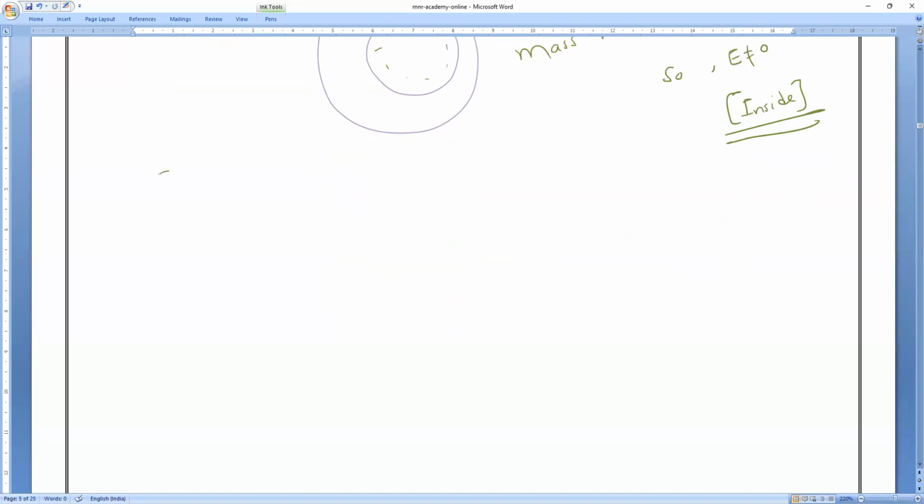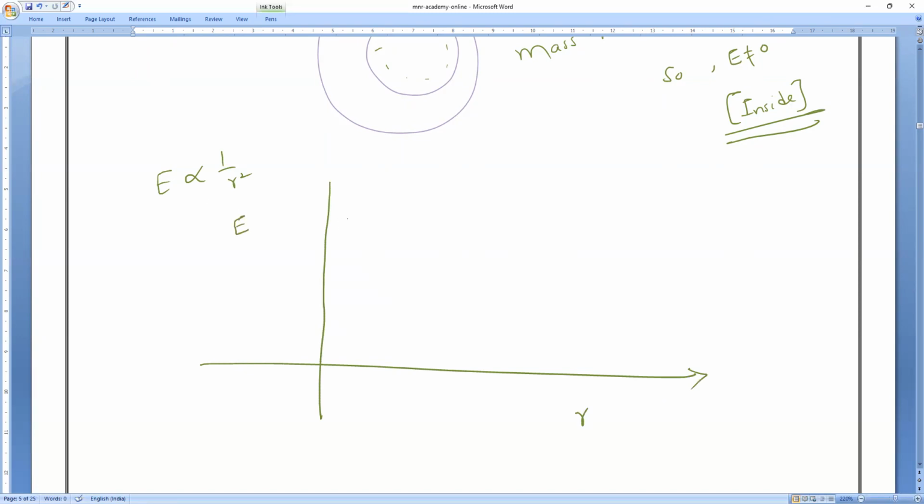So now, let me draw the graph. E is inversely proportional to the square of the radius. This is the most important thing. So if I draw the graph of E versus R, let me take a hollow sphere. Now you all observe very carefully. Up to here it is the surface.